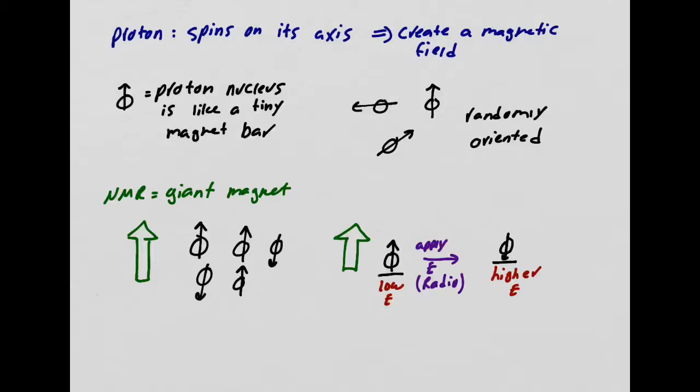All right. I want to rewrite this to just make sure you really, really understand this. So let's rewrite this and summarize this one more time. Our NMR is a giant magnet and it has a magnetic field. Some of the protons are going to be aligned with the magnetic field. Okay?